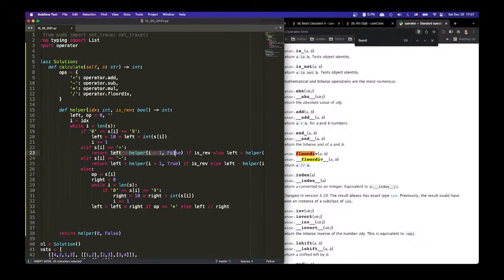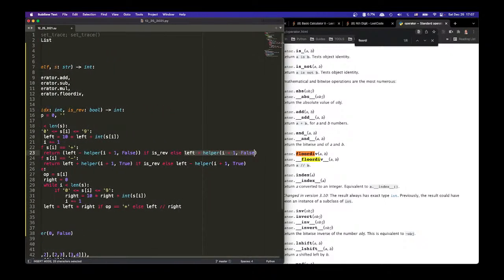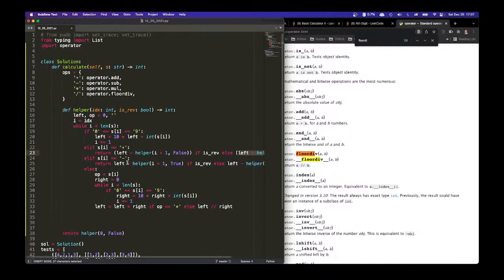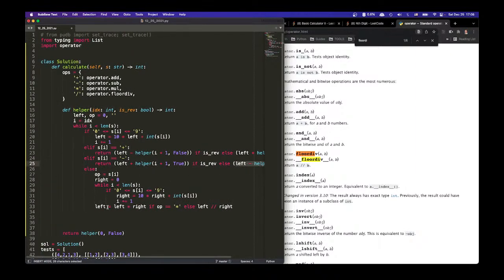And always a good habit, put extra parentheses just to make sure, because sometimes this can be confusing. Okay, so we now get a new left value, right?